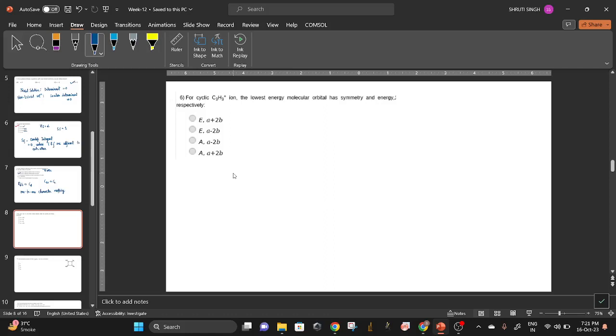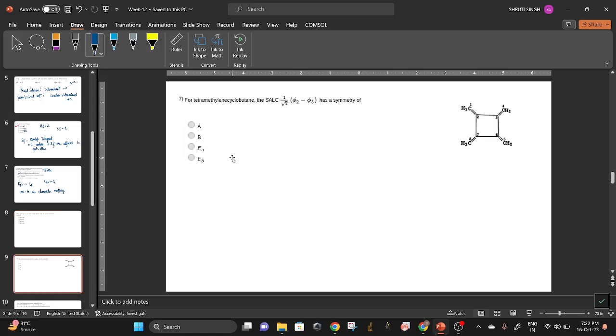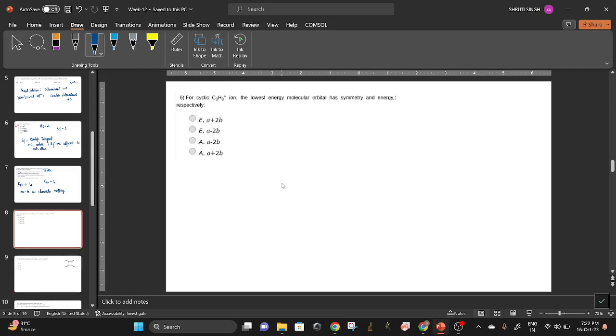Okay, now the next question is: for the cyclic C3H3+ ion, the lowest energy molecular orbital has what symmetry and energy respectively.